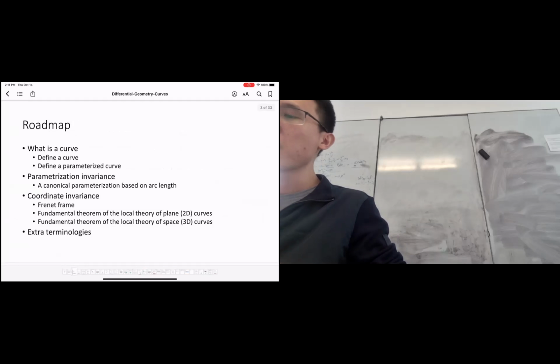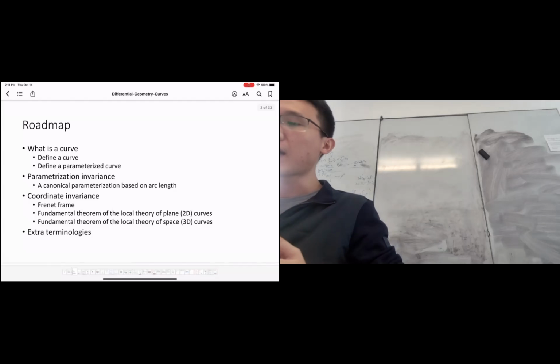Then we're going to come up with a canonical way to parameterize the curve based on the arc length of the curve. We are also going to see the coordinate invariance, in one frame called the Frenet frame. Then there are two nice theorems we can develop under this frame, called the fundamental theorem of local theory of plane curves or of space curves.